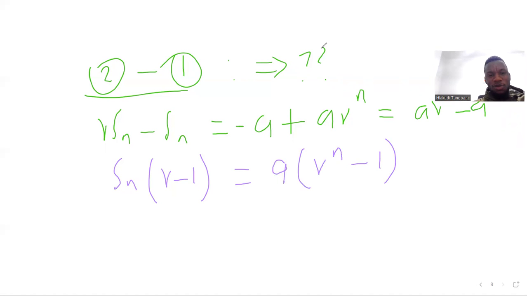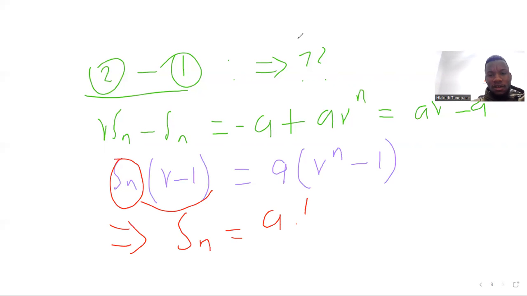Then we can divide both sides by R minus 1 so that we are left with Sn on its own. So this implies that Sn equals A times R to the power of n minus 1, over R minus 1.